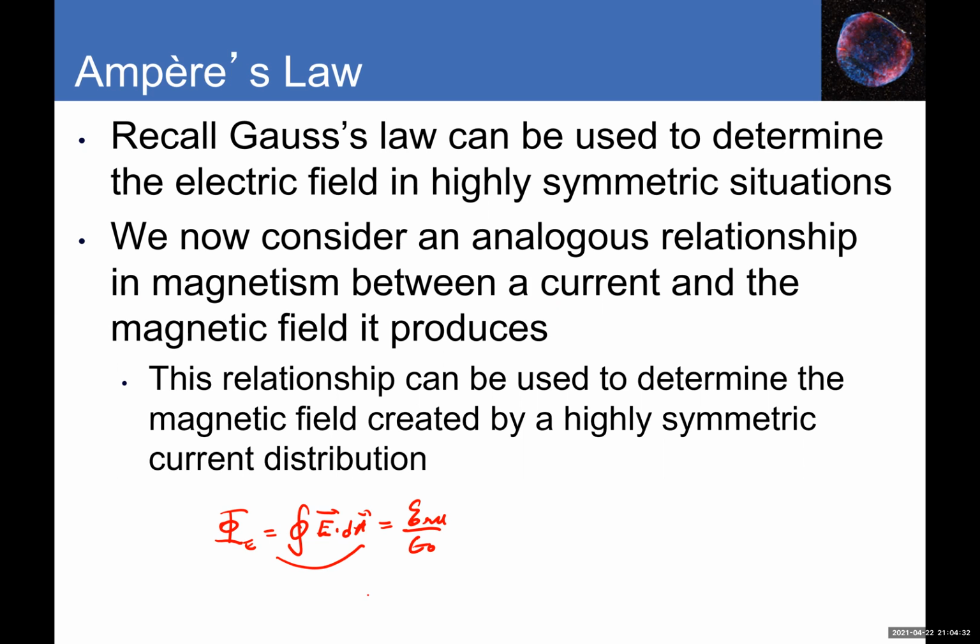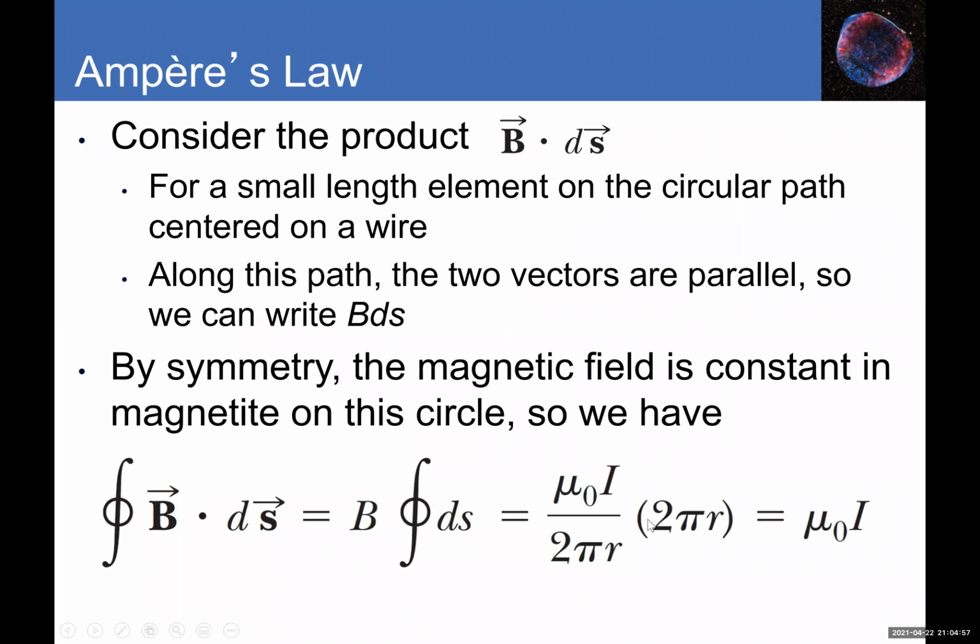Technically it was a surface integral, which you can also write in terms of two-dimensional double integrals, like E dot dx dy, in a little bit more advanced classes. But for us, Ampere's law is going to be even a little bit simpler, because it's a line integral.